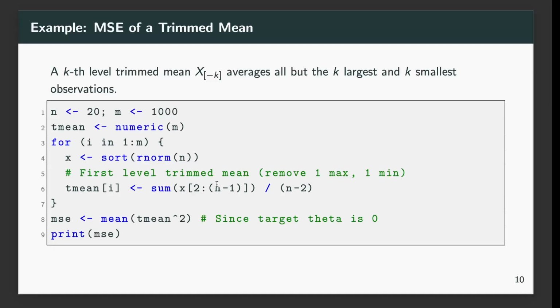You can compute this yourself. Under the normality assumption, the trim mean is slightly less efficient than the full sample mean, where the MSE would be 1 over 20. But the trim mean's robustness advantage becomes apparent when we move to non-normal distributions.